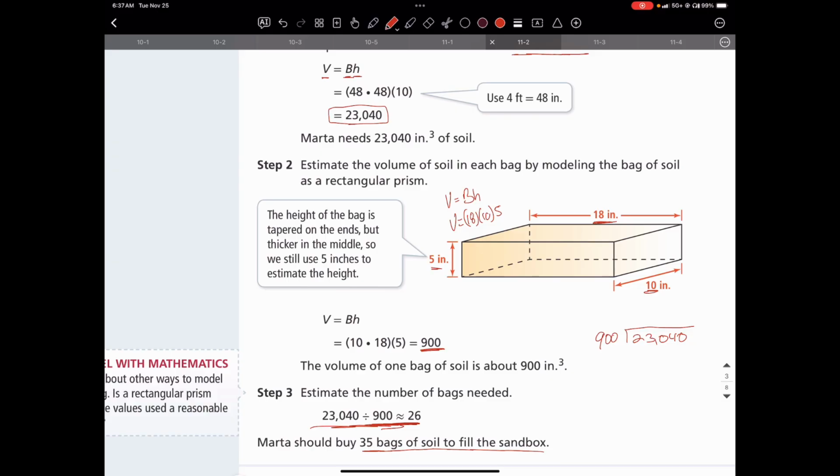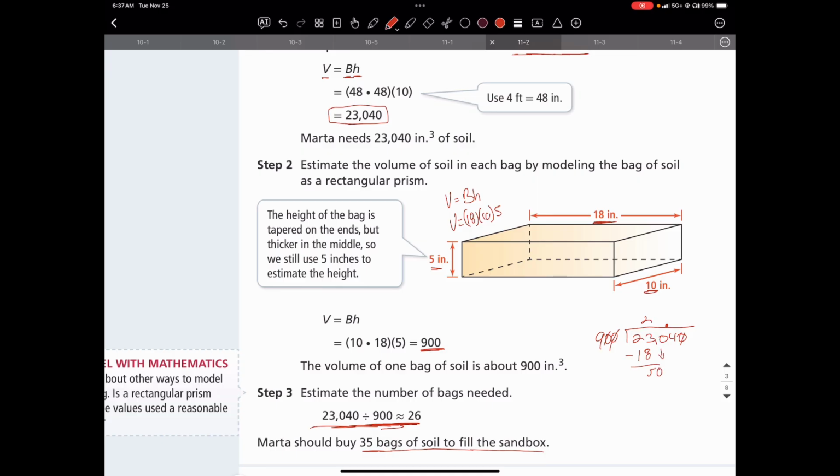All right, so I'm going to take those double zeros off and I'm going to move the decimal 2 places. So 9 goes into 40. Well, I guess I'd have to use a 0 here. 9 goes into 2 0 times. 9 goes into 23. 2 times 9 is 18. You get 5.